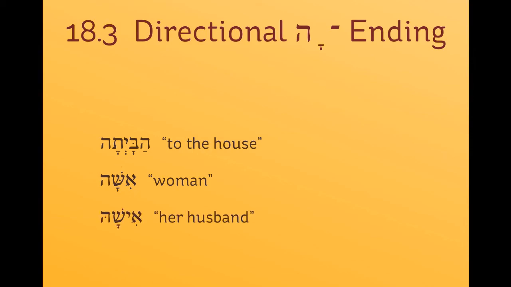Also, we've seen kametz he as an attached pronoun, which is marked by the dot, the mapik in the he. So ishah means her husband. If you have the mapik in the he, this is your attached pronoun. So it's her, ish. So both the attached pronoun and the feminine singular ending on a noun, they both are always accented, while the directional ending is always unaccented.